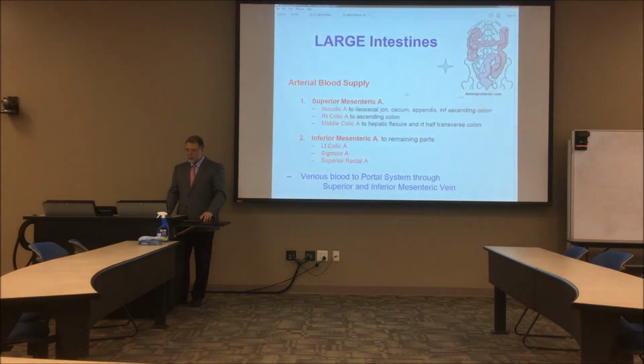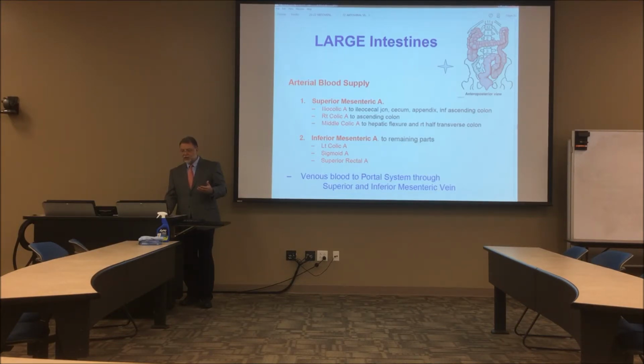Go again with looking at some specific structures that you might find interesting, and review them. The arterial blood supply for the colon depends on what side you're talking about. On the right side, from the ileocecal valve going into the ascending colon to the right colic angle where the hepatic flexure is, and part of the middle colic artery for the right half of the transverse colon, you're going to have these three specific arteries that come from the superior mesenteric artery.